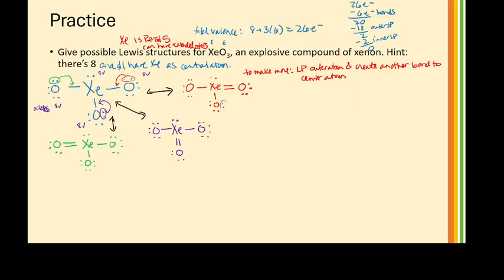I could do a double bond to the center from the bottom, and I could do, let's see, which colors have we not used? It's dark blue. I could do one from here, so I could make a second double bond.